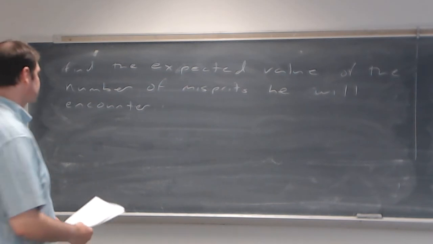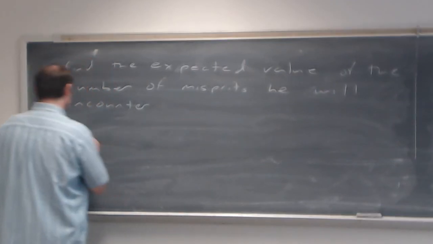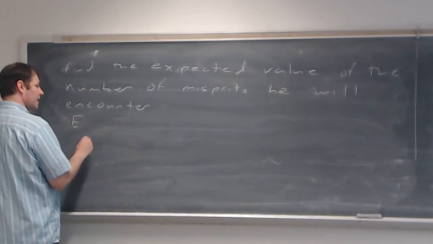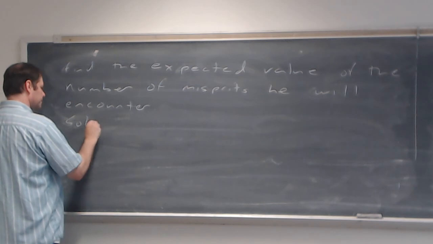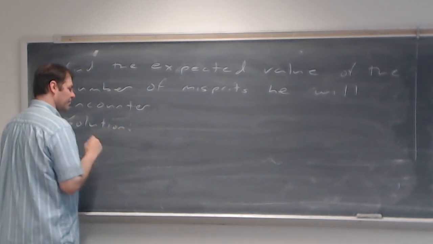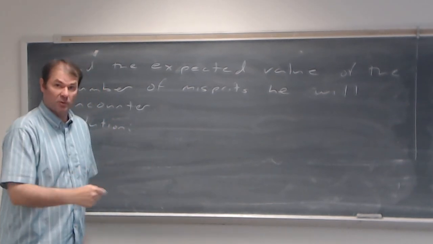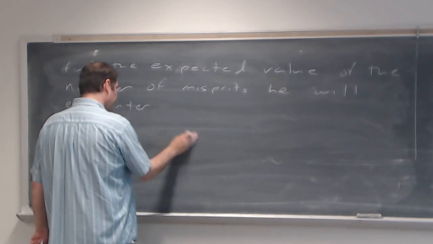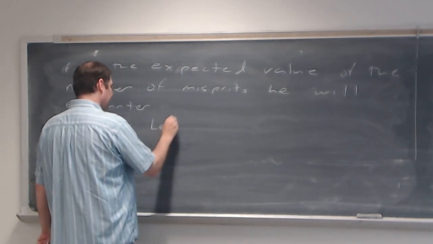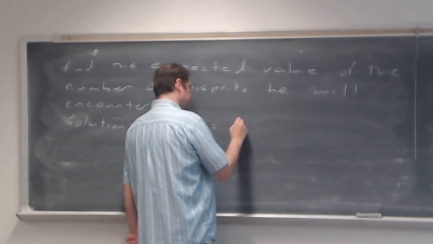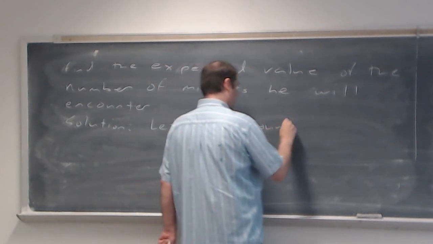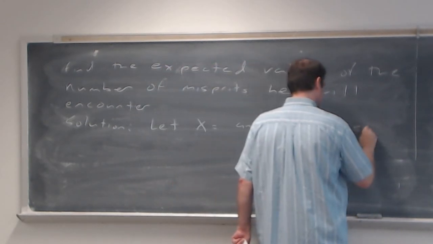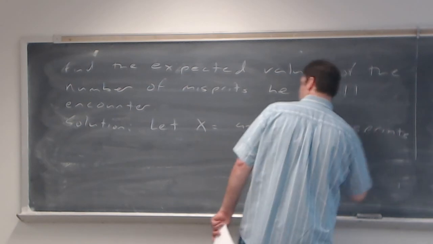The way to look at this, in terms of our theory, is that when things are more difficult, we still use this theory. We're going to let x equal the number of misprints Sam encounters.